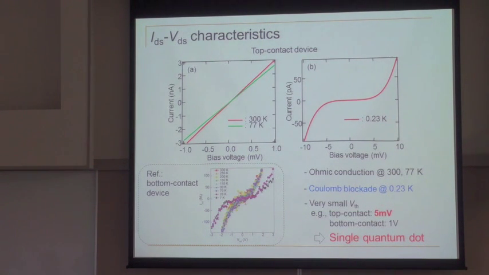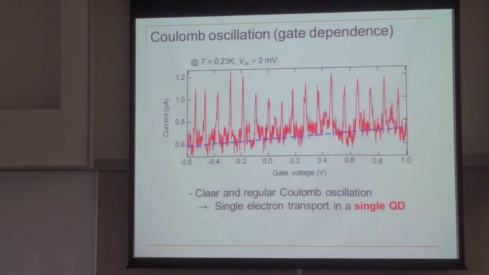So this indicates this blockade is from a single quantum dot. And this shows the gate voltage dependence of the current, and very clear and regular Coulomb oscillation is obtained, indicating single electron transport in a single quantum dot.